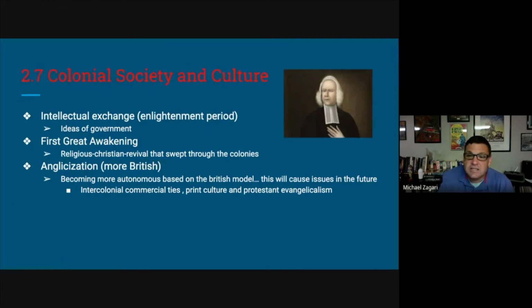You're starting to see a print culture with the growth of newspapers within the colonies. So the colonies are starting to communicate with each other. They're starting to form their own identity, if you will, and that's only going to expand as time goes on, especially once you get through the French and Indian War.